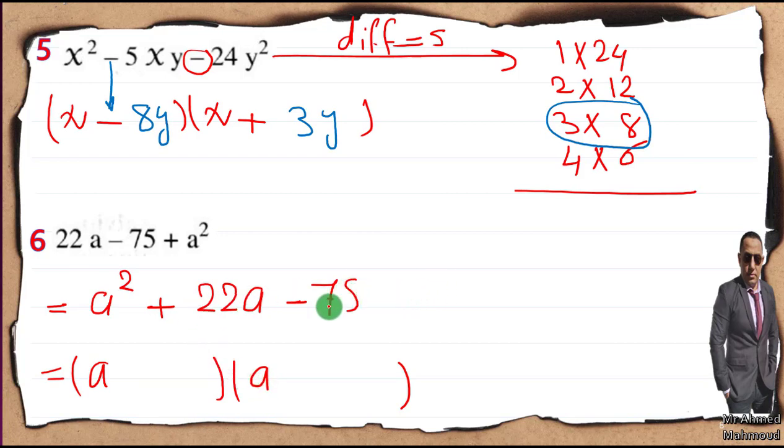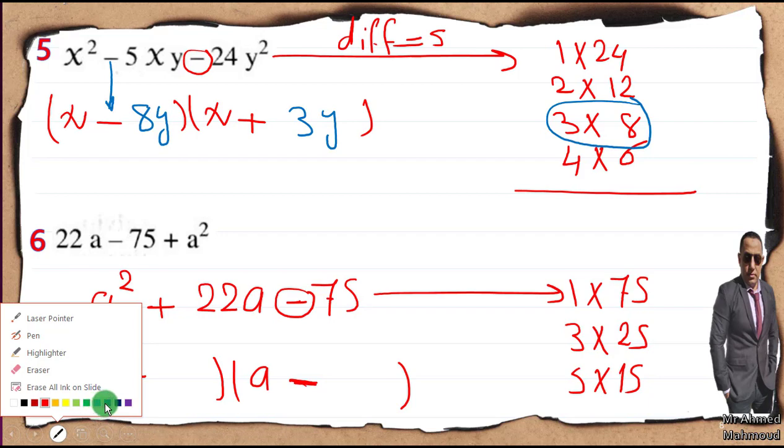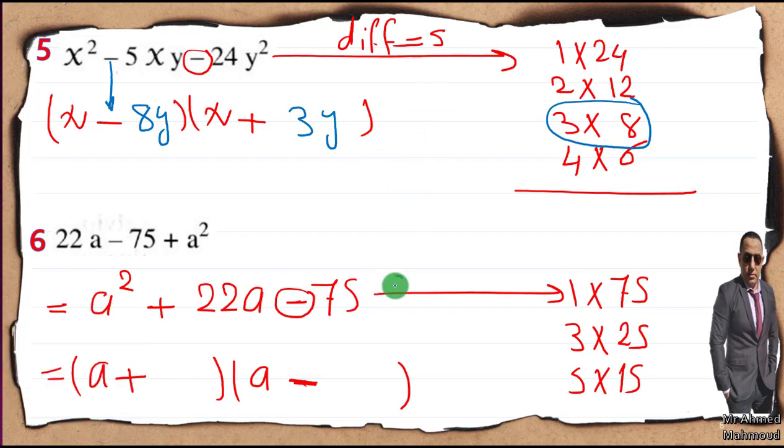Now 75, here this is negative, so I'm going to write two different signs, plus minus or minus plus, it's up to you. 75 divided by 1 equals 75, divided by 2 is a decimal, divided by 3 equals 25, divided by 4 is a decimal, divided by 5 equals 15, and all numbers after that will be decimals. I need two numbers whose difference equals 22.